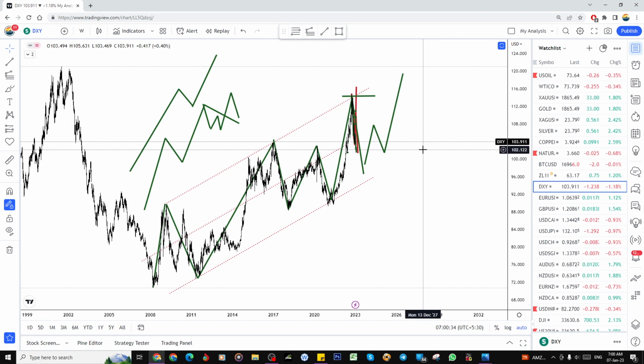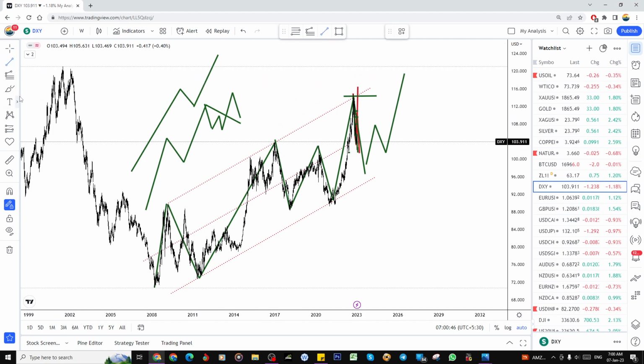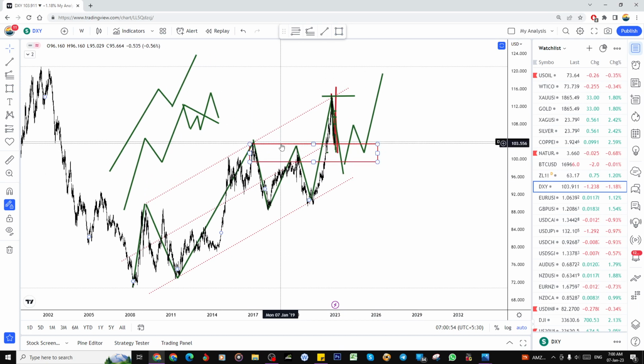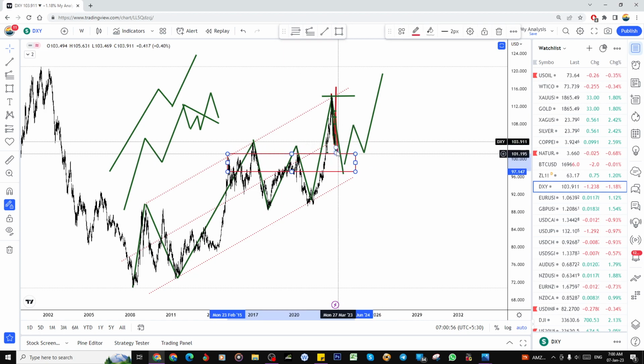So that is still hanging. Silver has already achieved my first target of $16, so it is near that. What I'm thinking here is that it can retest this zone once again. It can consolidate in this zone here.